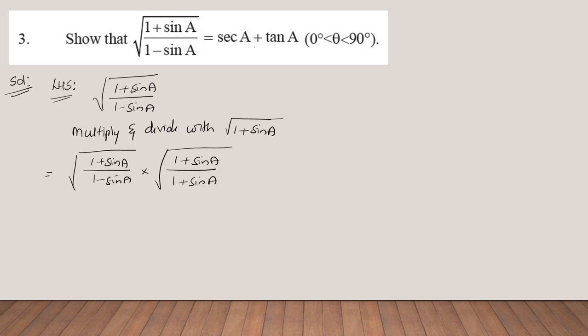So you can make it under a single square root. Now this is in the form of square root of a into square root of b, which I can write as square root of a into b. So I can write this as 1 plus sin a into 1 plus sin a divided by 1 minus sin a into 1 plus sin a, right?